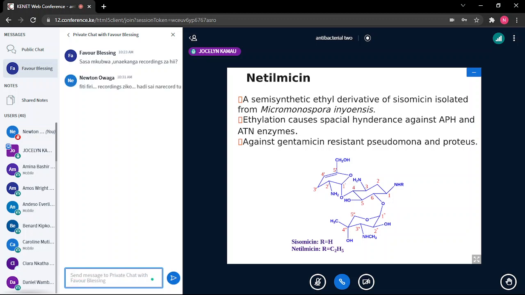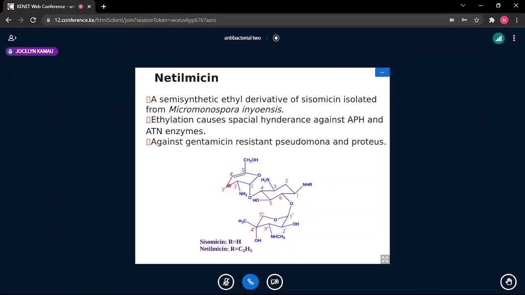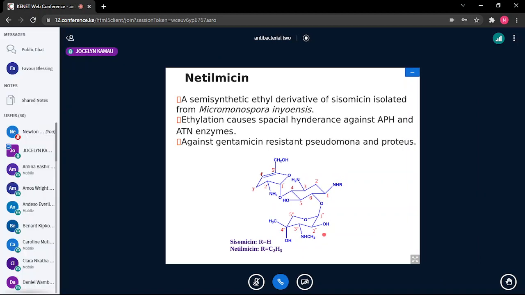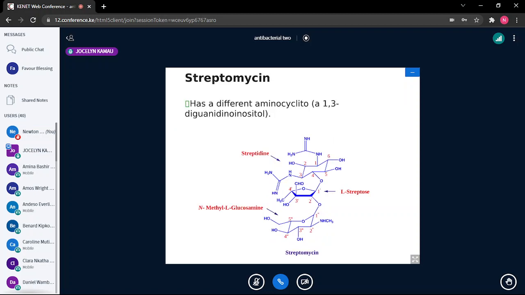It has activity towards otherwise microorganisms that have acquired resistance to quite a number of the other aminoglycosides. So it is important to note that ethyl group there in netilmicin compared to sisomycin.